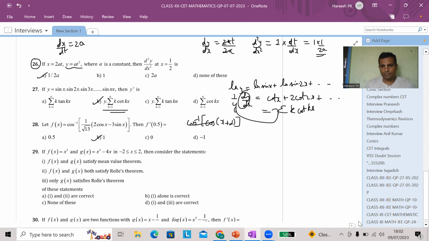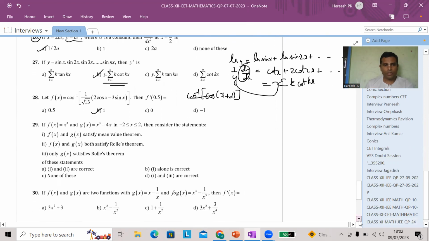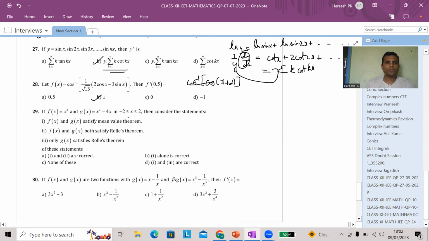Next, 29th. So f of x equals x cube and g of x equals x cube minus 4x. Out of both of them, who satisfies Rolle's theorem in the interval minus 2 to 2?